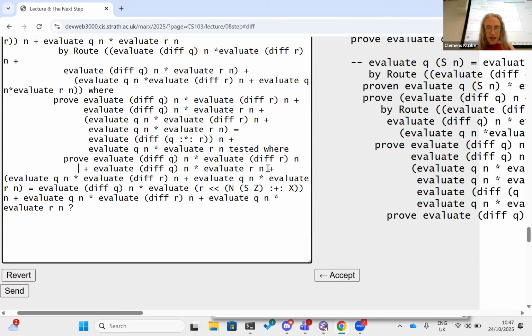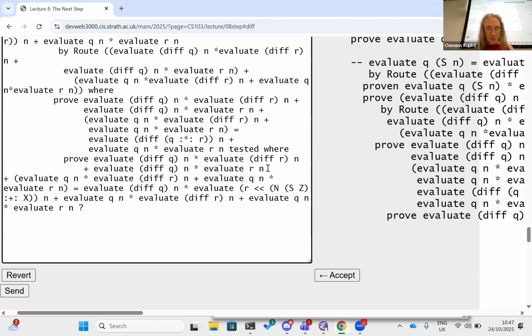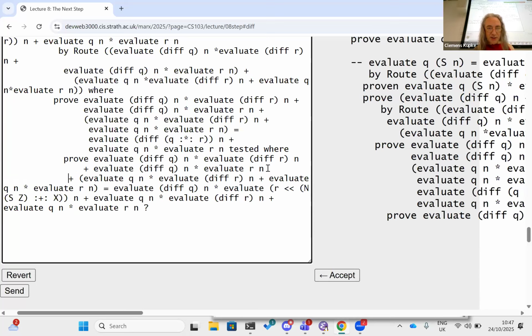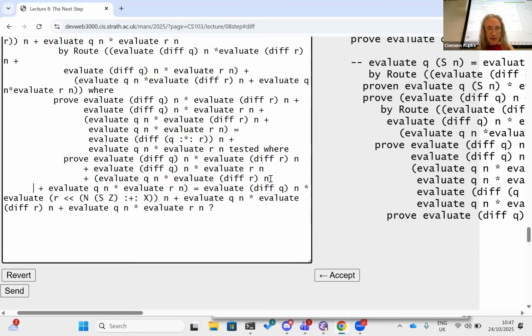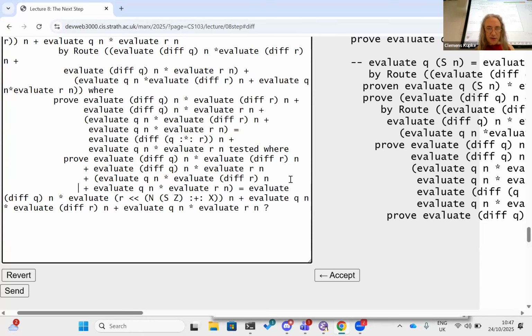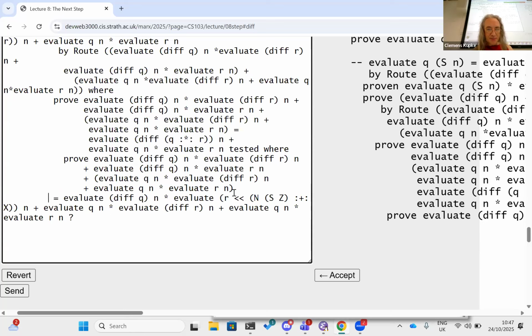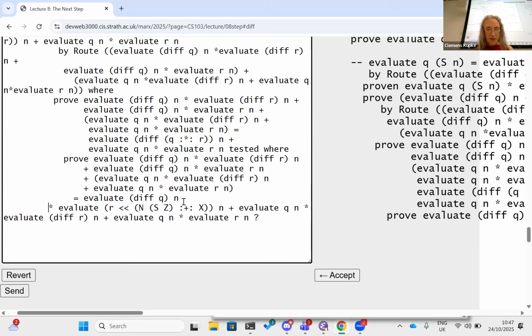On the left-hand side, I've got this fully multiplied out piece of business, spending space like nobody's business. And on the right-hand side, I've got some things I like and some things I don't.